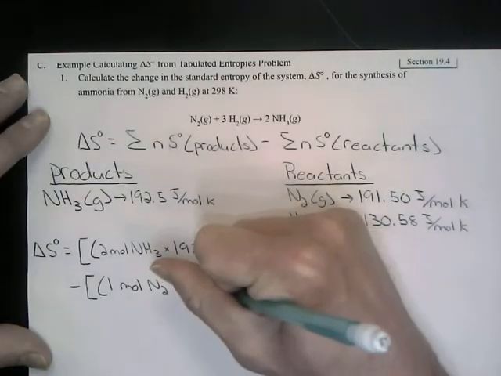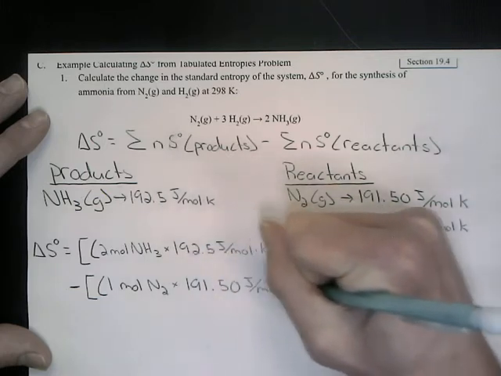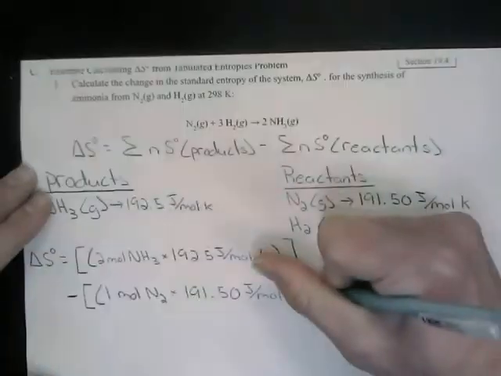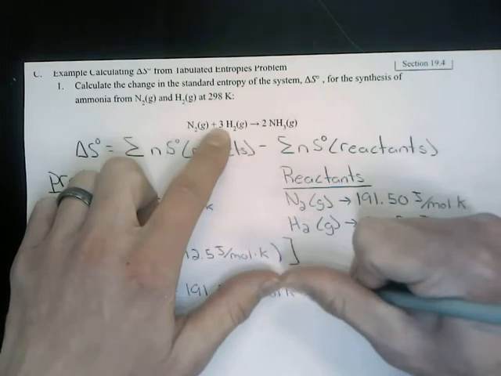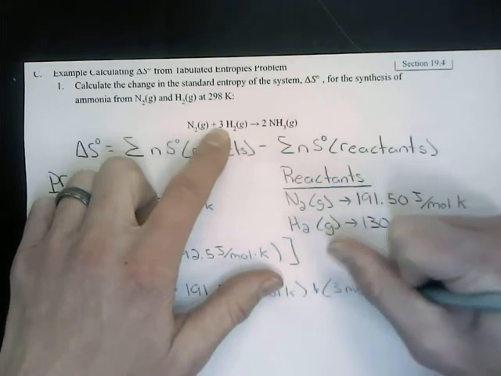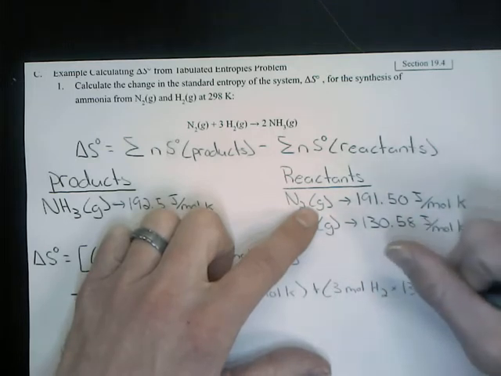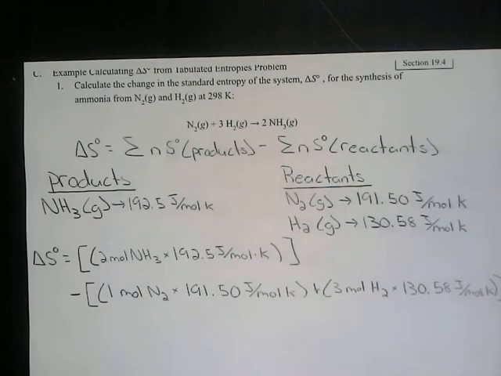Our S value is 191.50 joules per mole K. We add that to another set of parentheses, number of moles of H2, 3 moles H2, times 130.58 joule per mole K. Okay? Now, very important that we plug this into the calculator correctly.